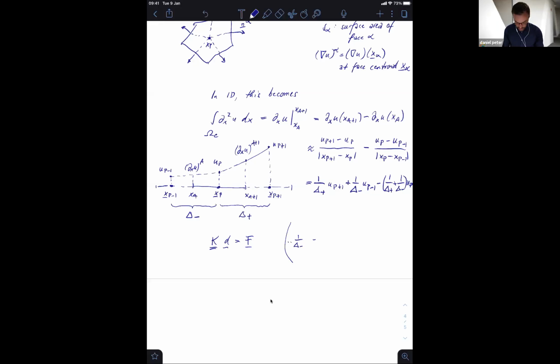The next element would have UP factors, and then an entry with delta plus, times the vector which has these UP minus 1, UP, UP plus 1, etc. So this would be K, our stiffness matrix, times D, the vector with the unknowns, equal to F, etc. So then we can put it into this matrix form. That would be the idea.